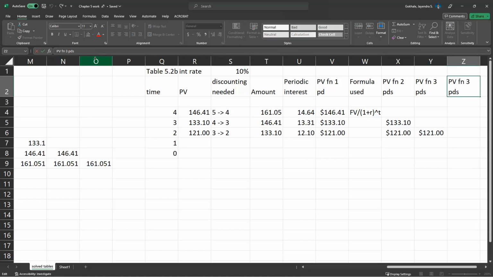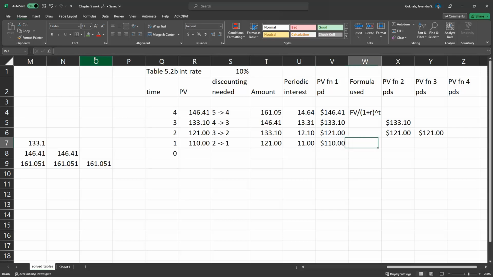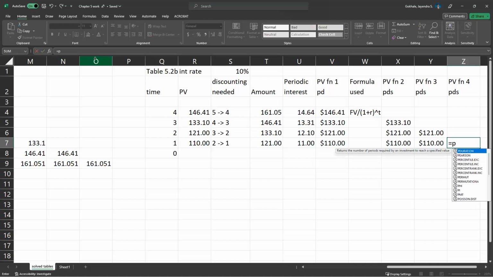We'll do this for 4 periods now for the next one. So this is going to be 2 to 1, control D, control D, control D, again is 110, 110, 110, and let's use the PV function now.